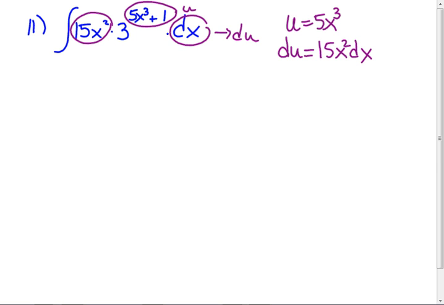So I'm going to get the integral of 3 to the, I want this to be 5x cubed plus 1, don't I? I think so, because what's the derivative of 5x cubed plus 1? Otherwise I was going to have to do u plus 1, and I can. It's just harder. It's easier to do this. And then this is du. Do you remember the integral of a to the x? So that's what this is.